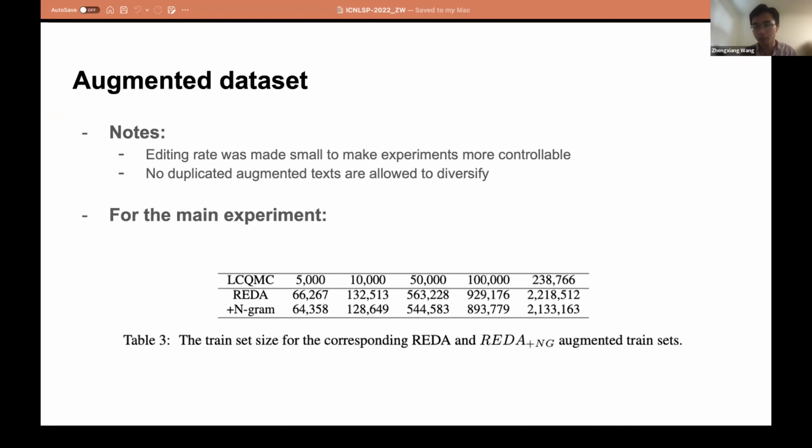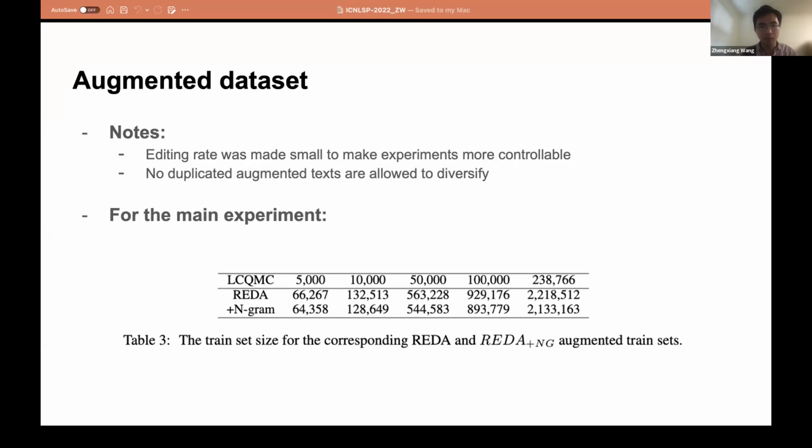In order to make sure the augmentation does work, typically augmentation usually only works when the text editing rate is small. I also ensure that my program does not produce duplicated augmented text, in order to diversify the training examples.